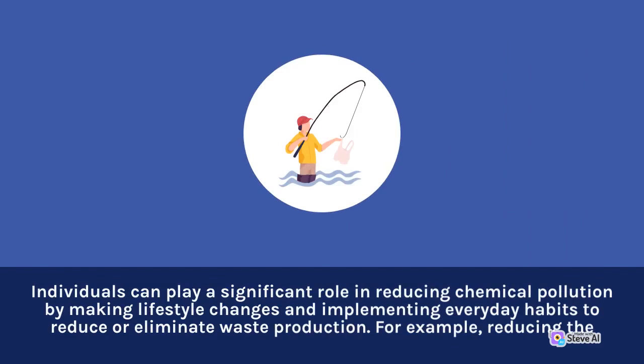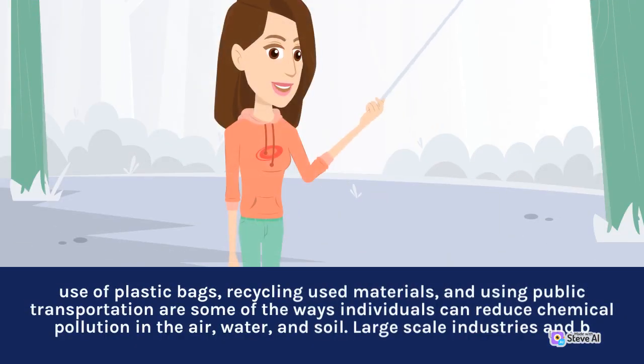Individuals can play a significant role in reducing chemical pollution by making lifestyle changes and implementing everyday habits to reduce or eliminate waste production. For example, reducing the use of plastic bags, recycling used materials, and using public transportation are some of the ways individuals can reduce chemical pollution in the air, water, and soil.